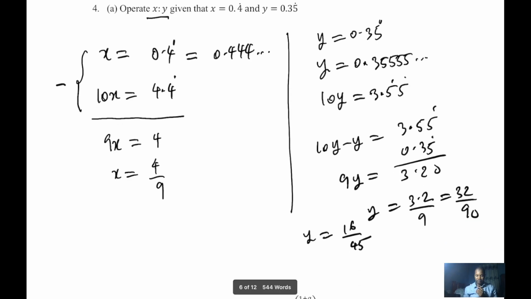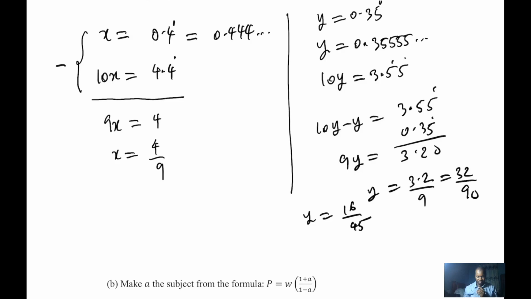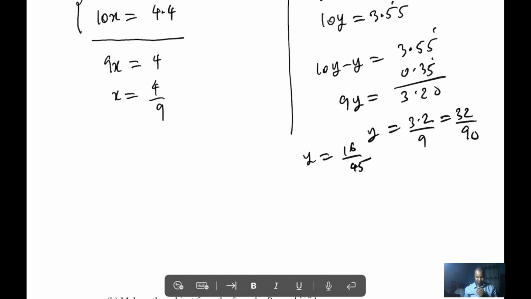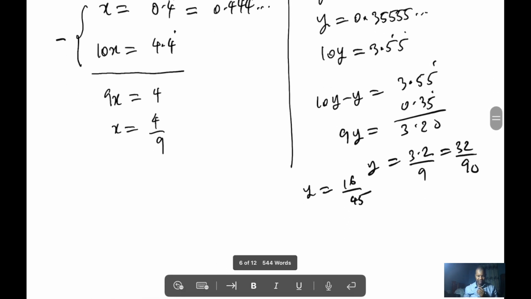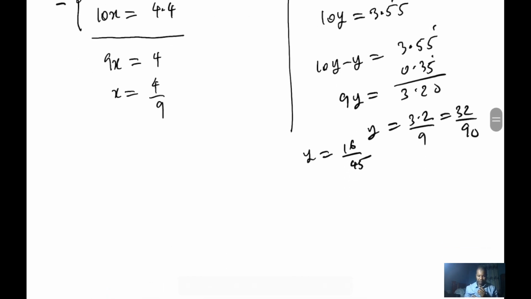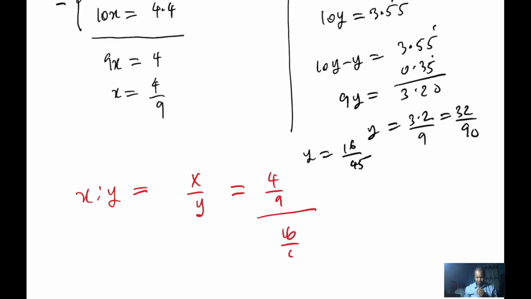Okay. Now we are looking for x over y, because that is a ratio question. So x ratio y is the same as writing x over y, which is equal to 4 over 9 over 16 over 45, which is 4 over 9 multiplied by 45 over 16.